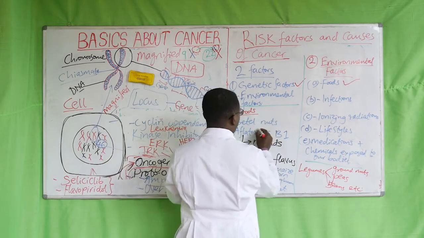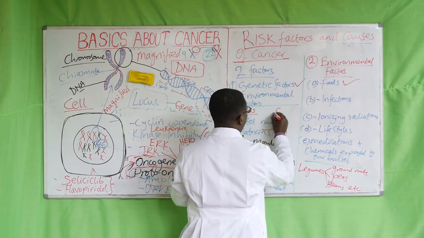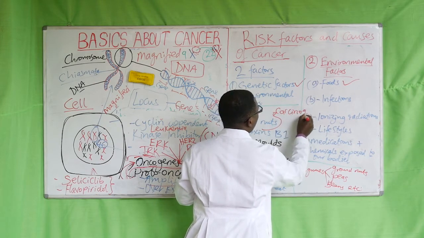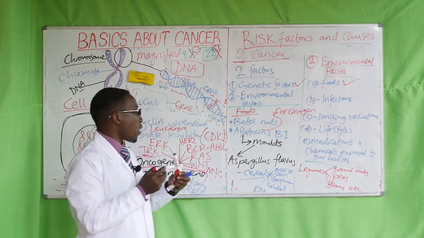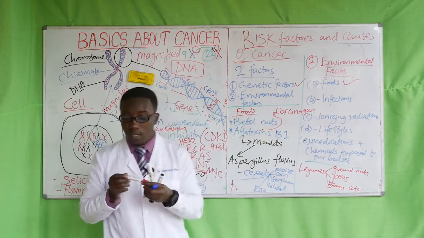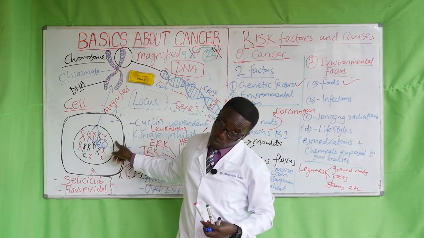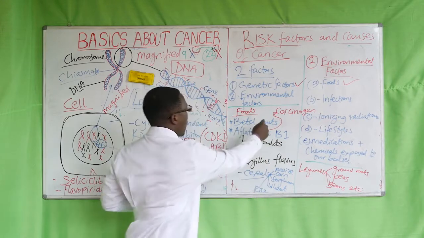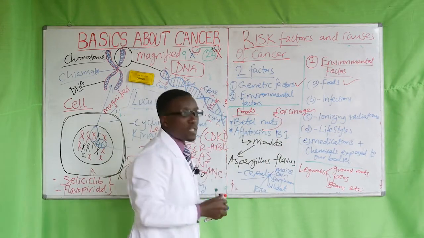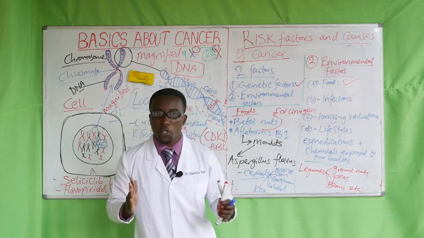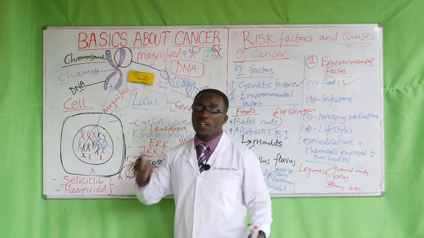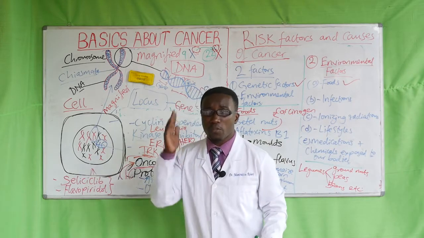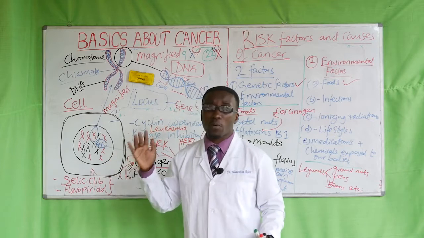So a carcinogen is a chemical that induces cancer, that stimulates the cells to become cancerous. A carcinogen is any substance that stimulates the persistent, unregulated growth of cells to become cancerous.